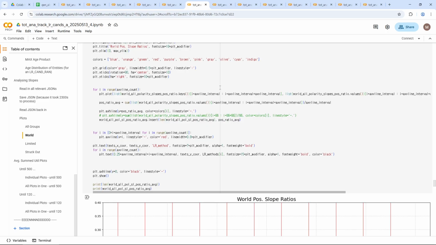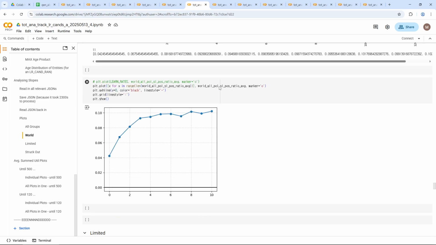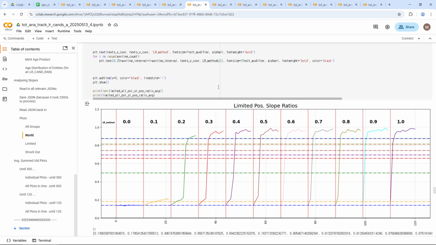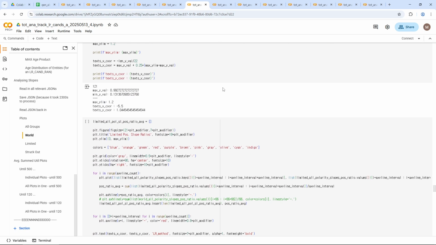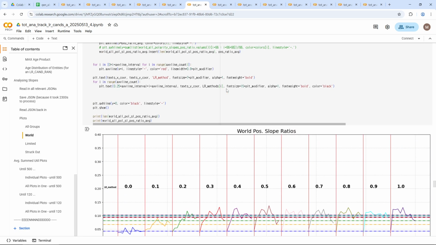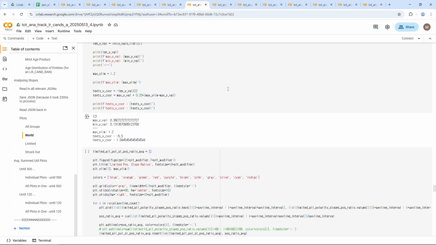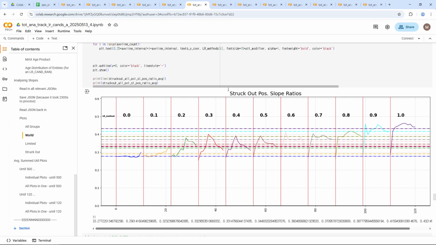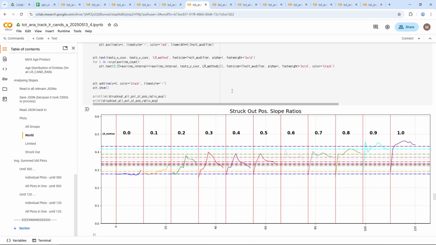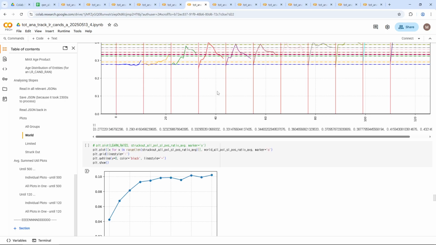Well, yeah. It's just that I got these wrong. Yeah, I just need to get these right.